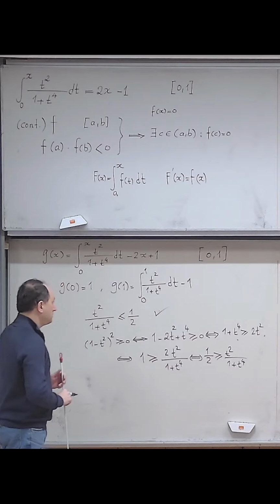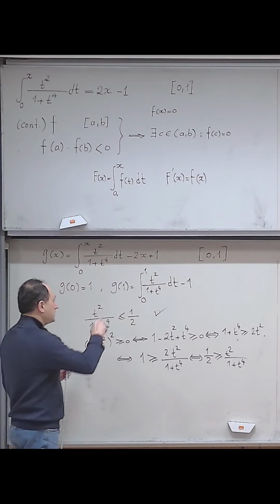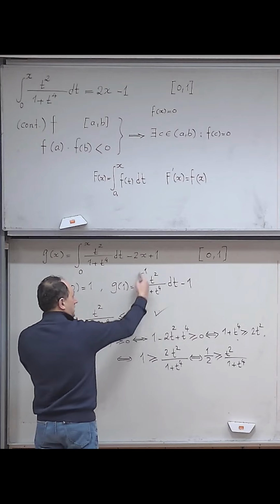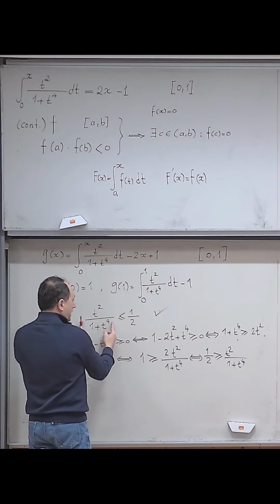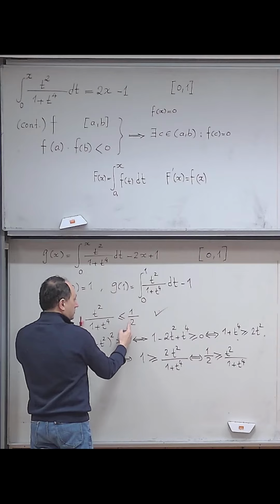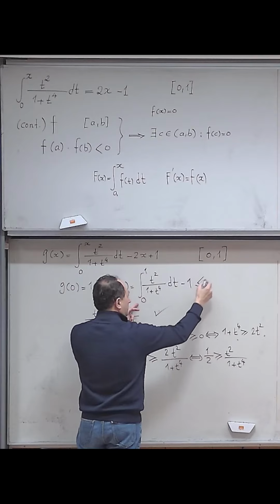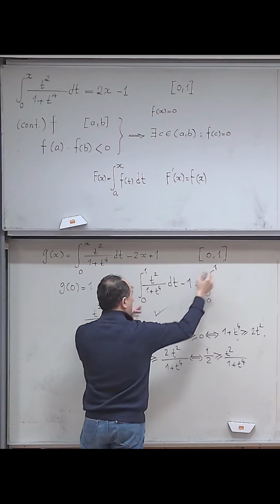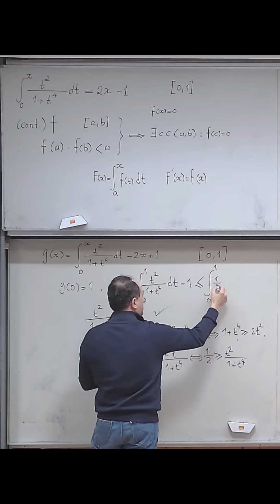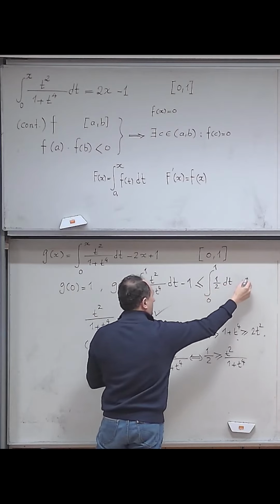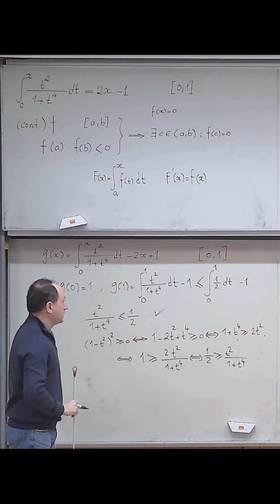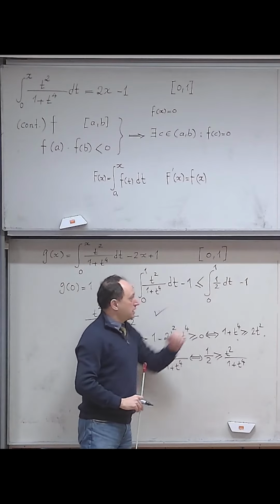Okay? But why is this beneficial? Because now this is an integral whose integrand is always less than or equal to 1/2. So this means that this is less than or equal to the integral from 0 to 1 of 1/2 dt, minus 1. So this minus 1 is the same as the minus 1 here.